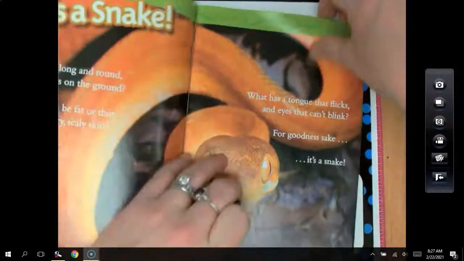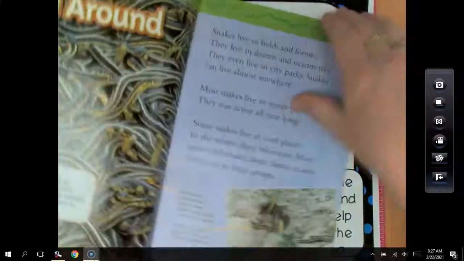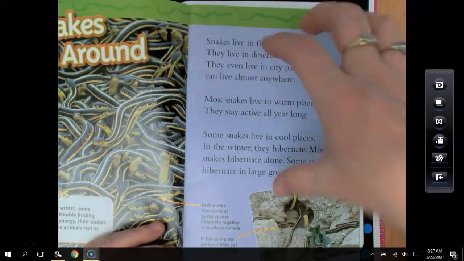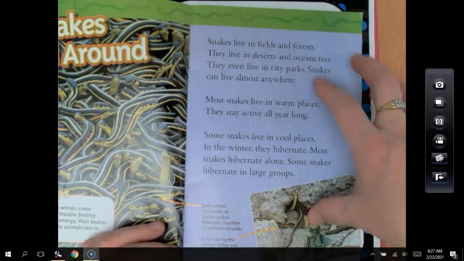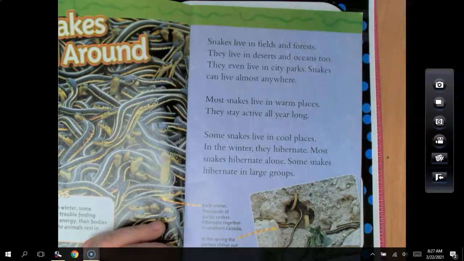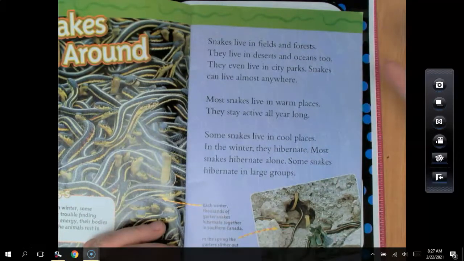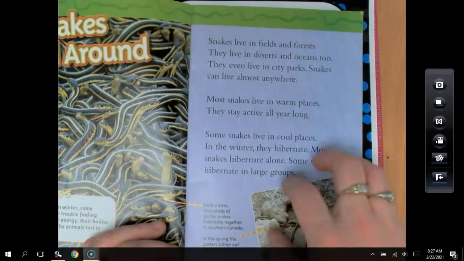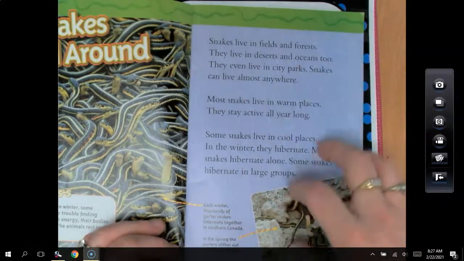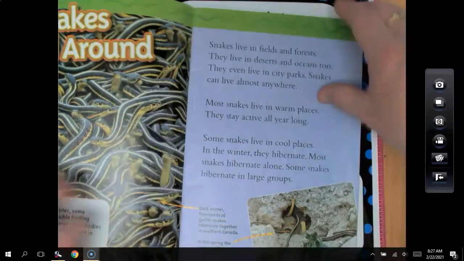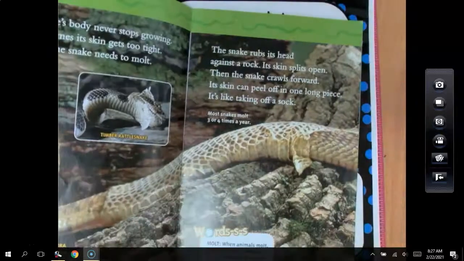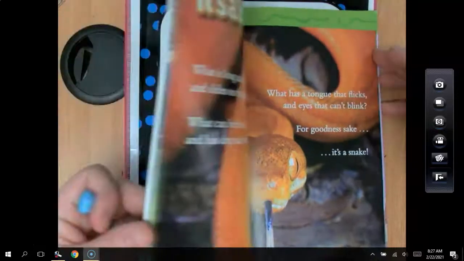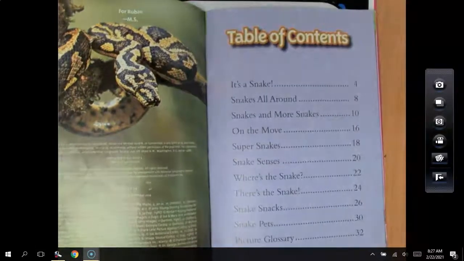So if I would go, for instance, to Snakes All Around, my main idea in this section or this chapter would talk about where snakes live. Snakes are all around us. But then my details would have to talk about the different places that the snakes live. So in this nonfiction book, I could have 8, 10 different main ideas, depending on how many headings or chapters there are, along with those details.